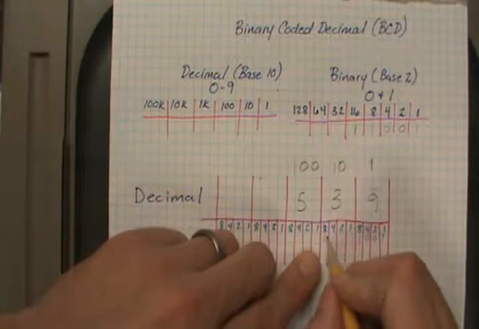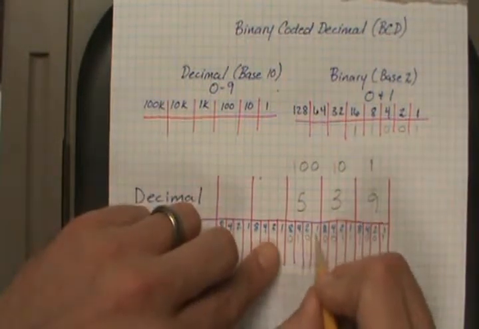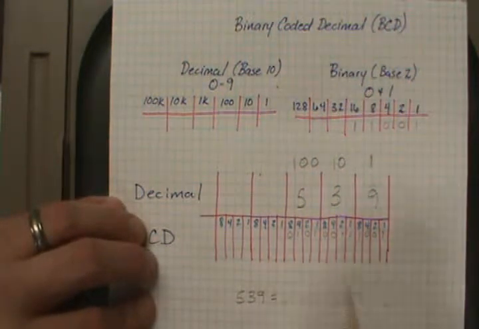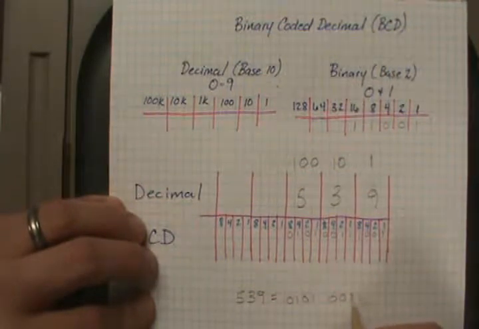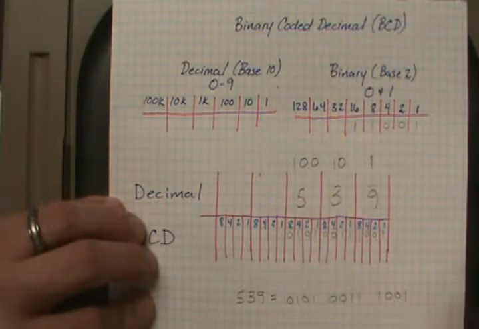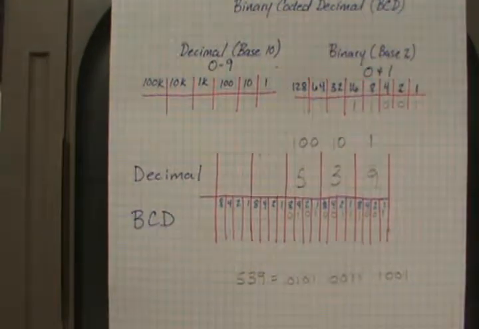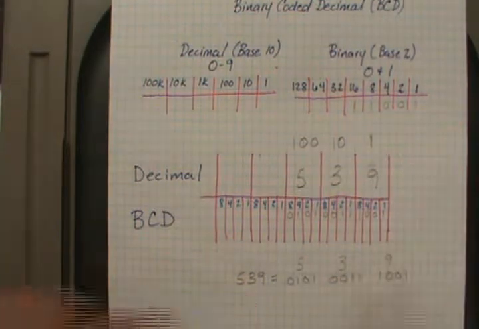We need a 3, which is 0, 0, 1, 1. And a 5 is 0, 1, 0, 1. So 539 is equal to 0101 0011 1001. This is the BCD equivalent, because this equals 5, 3, and 9.